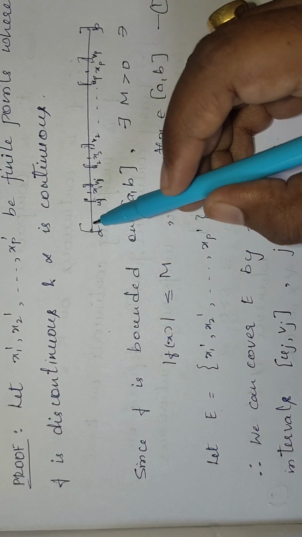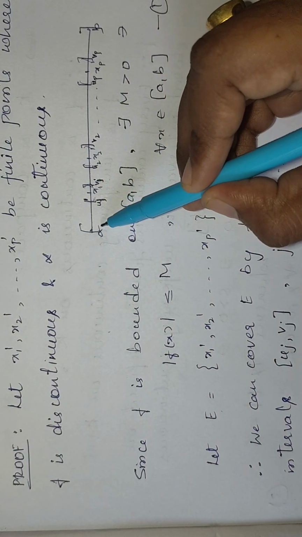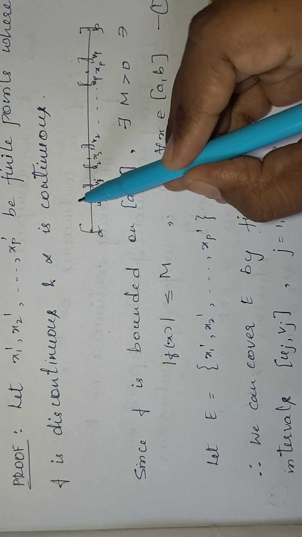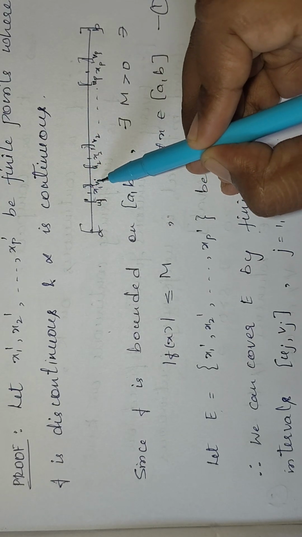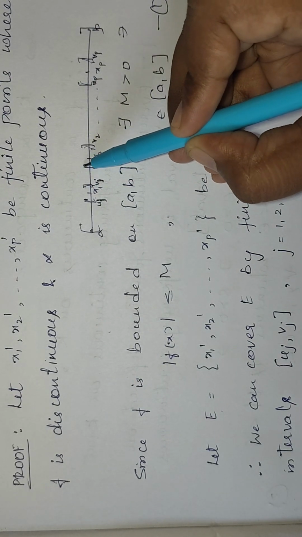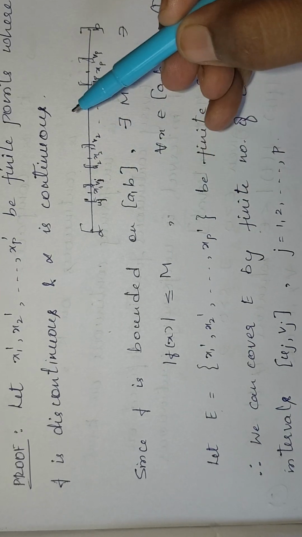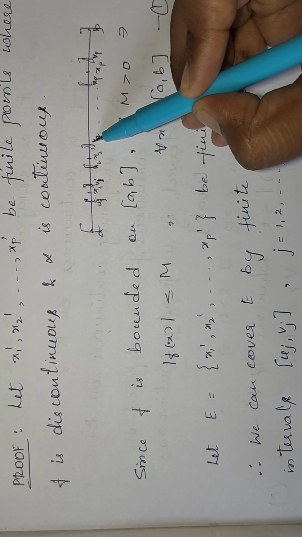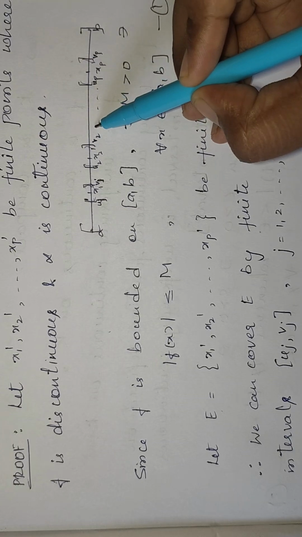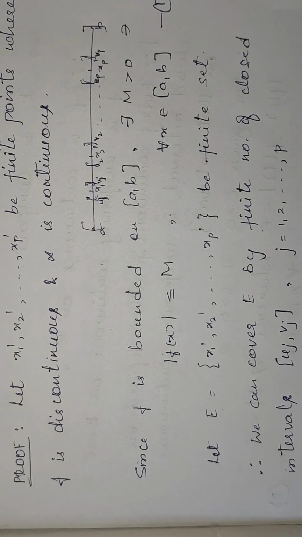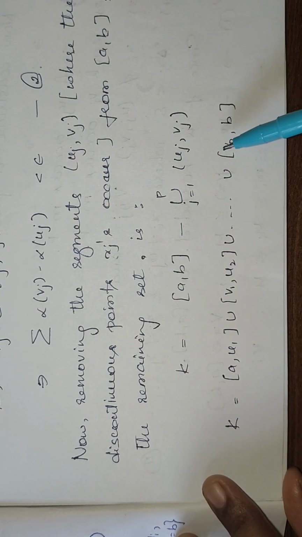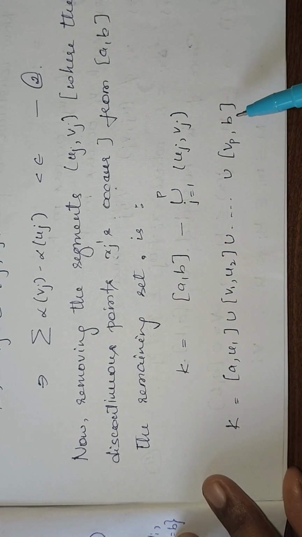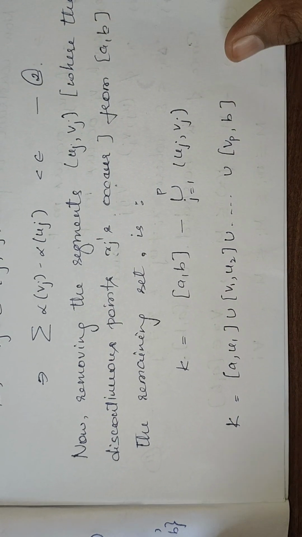See, after removing, I have the closed interval [a, u1], and after removing this open interval, I have the closed interval [v1, u2], and after removing the open interval (u2, v2), I have the closed interval [v2, u3], and so on. It continues. So this is how your K looks like. It ends with the union [vp, b], where b is the last point.